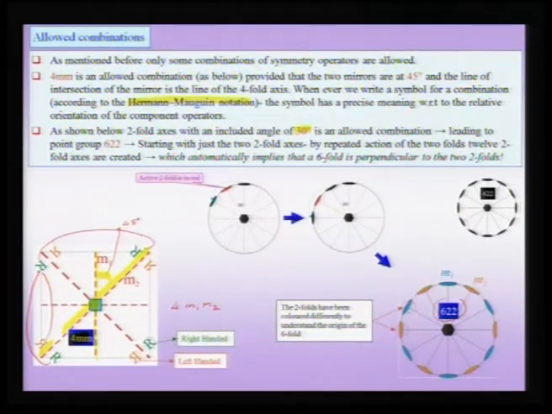In that case, if I start with two-folds and an included angle of 30 degrees, then I will land up with, as you can see here, 12 two-fold axes, which automatically implies that there is a 6-fold rotation axis, and the total Hermann-Mauguin symbol for this combination is 6-2-2.